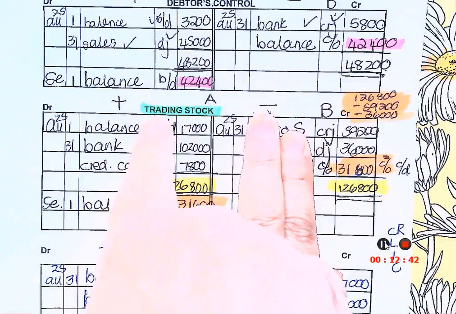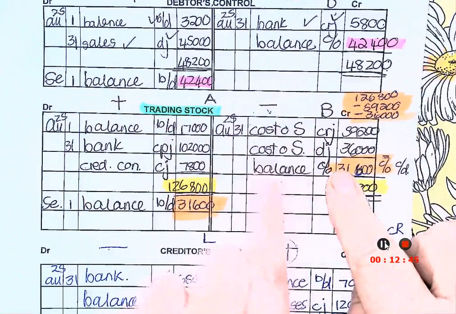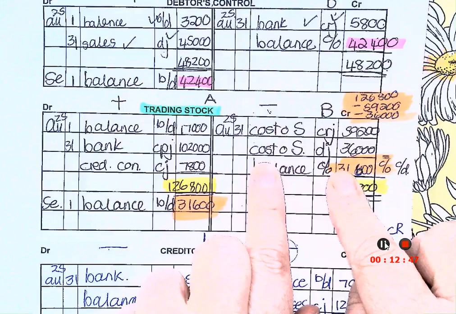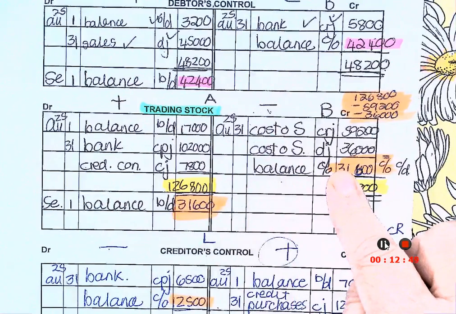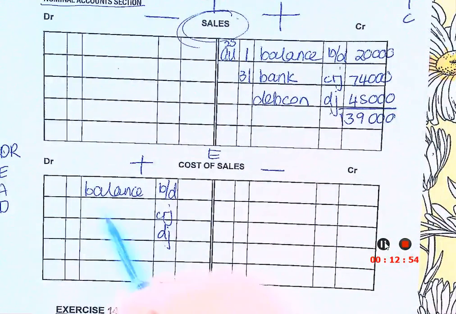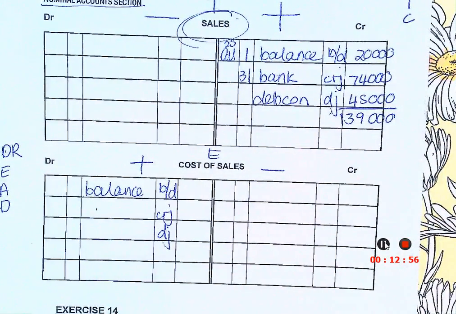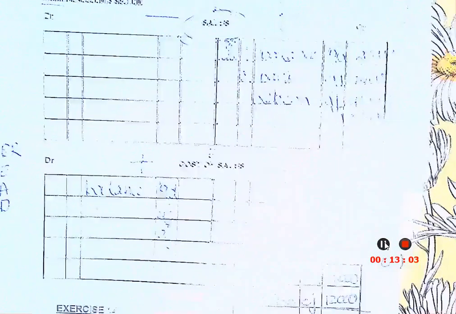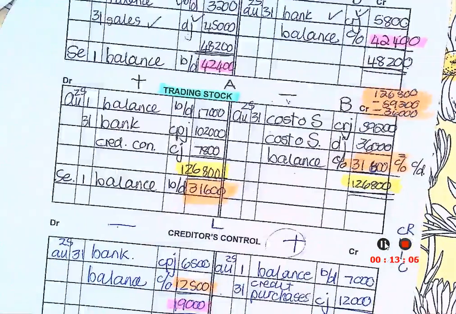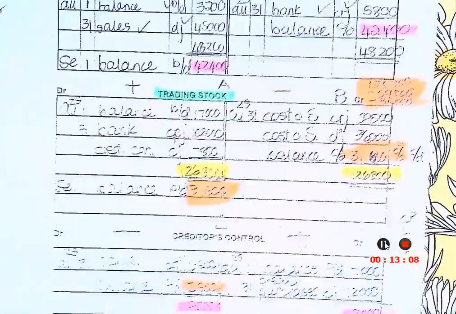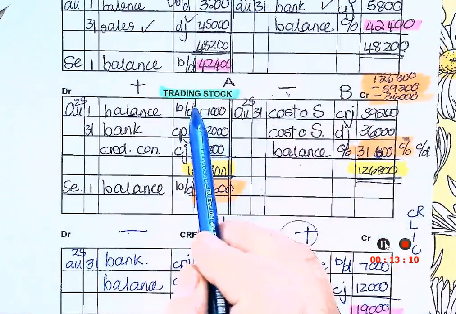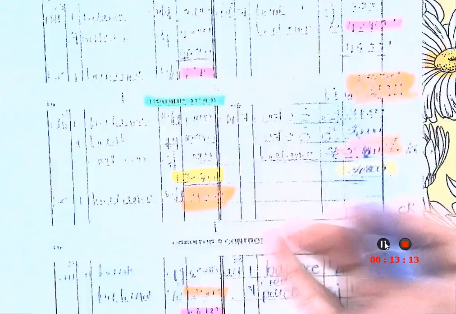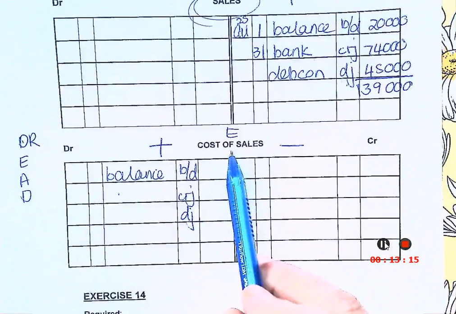Now can you see what the contra is there? Cost of sales. Interesting. So what is the contra going to be here? Think about it. What am I selling? Look again. What's on the credit side of trading stock? So what will be on the debit side of cost of sales? Trading stock.